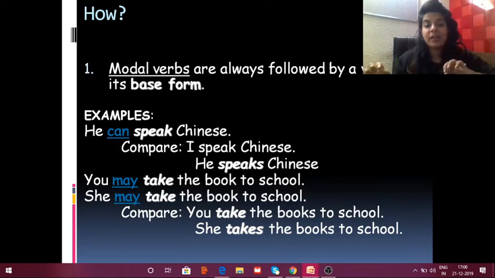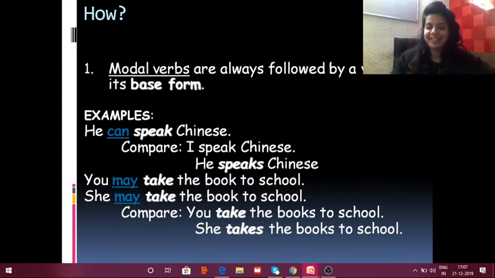We never say he can spoken Chinese or he can spoke Chinese, right? It will always be followed by a verb in its base form. He can speak Chinese. You may take the book to the school. She may take. You may took, she may took, that's absolutely wrong.